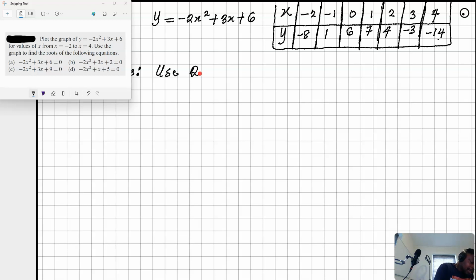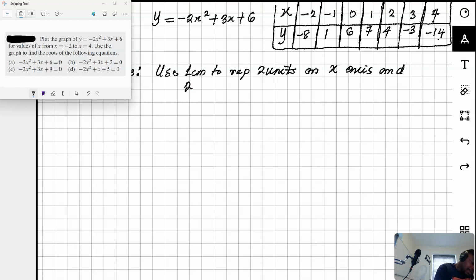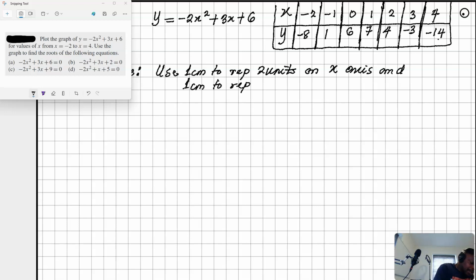They might say use 1 centimeter to represent 2 units on the x-axis and 1 centimeter to represent 1 unit on the y-axis. I will explain centimeter and unit.